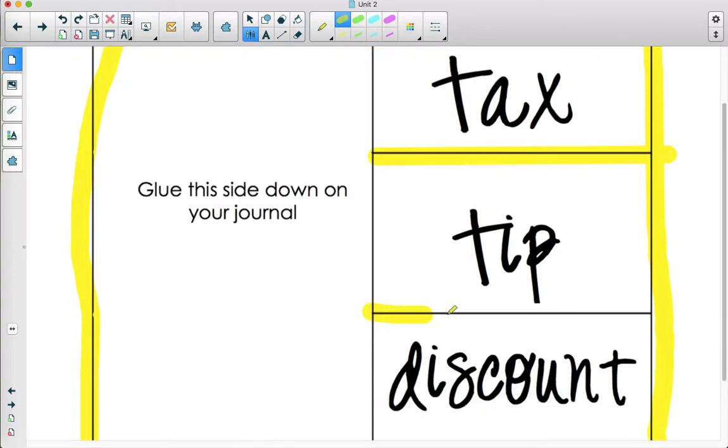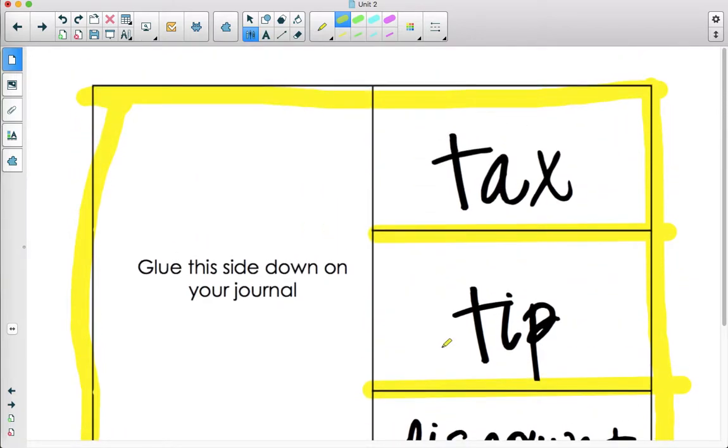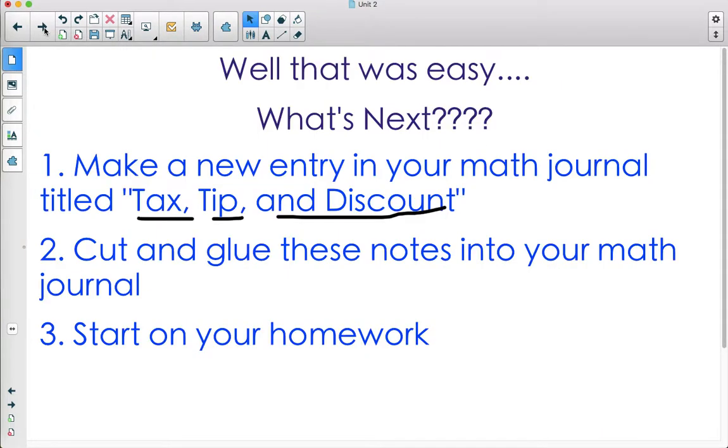If you see my highlighter somewhere, that's where you need to make a slit in your paper. Cut that out, and then you're going to glue where it says to put the glue, and that section goes down in your math journal. That's your second step, to cut and glue these notes into your math journal.